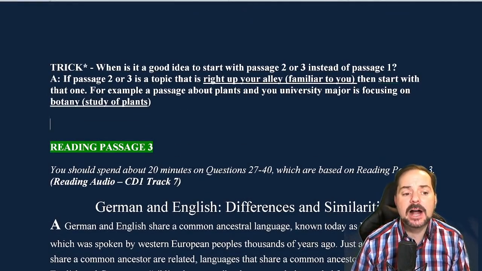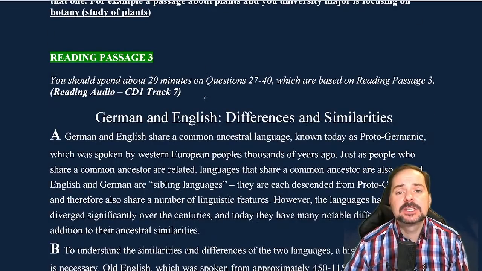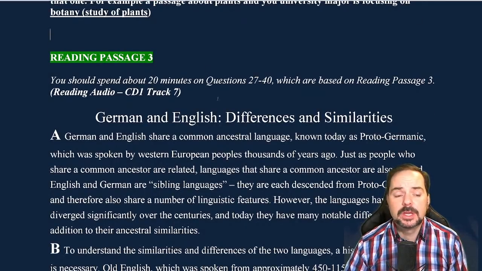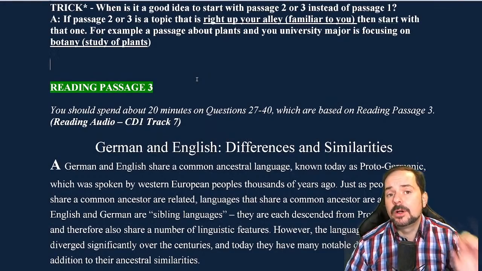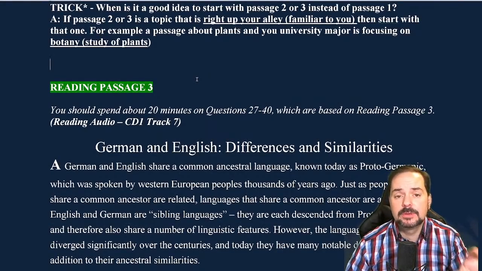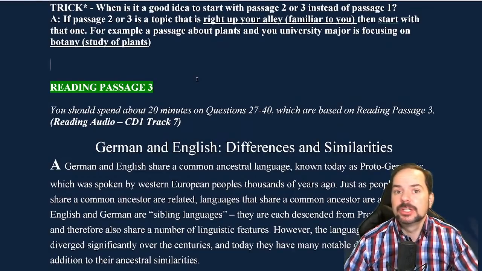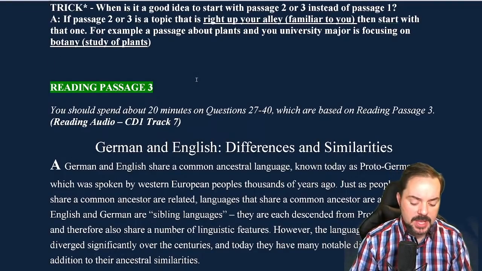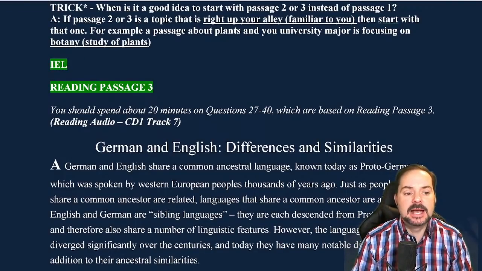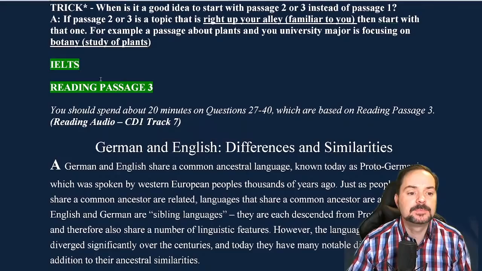I'll tell you how they make these reading passages more and more difficult. Again, the tip here is when you start, read all 3 of the passage titles, and then start with the one that's easier.